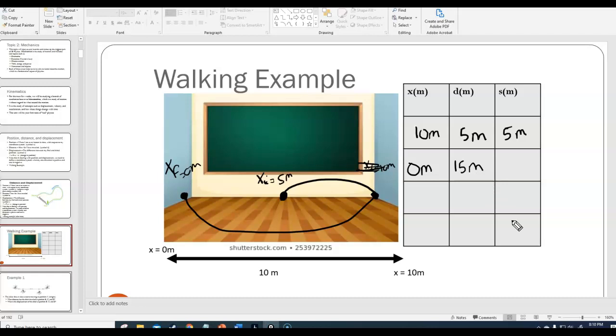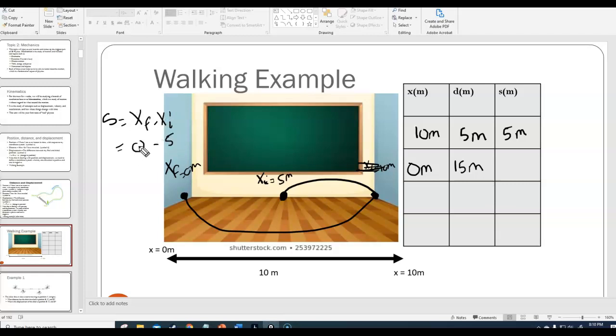Now, what is my displacement? Okay, so think about this for a second. And remember, you can always go back to the definition of displacement as the difference between your final position and your initial position. Okay, so my final position is 0. My initial position is 5 meters.